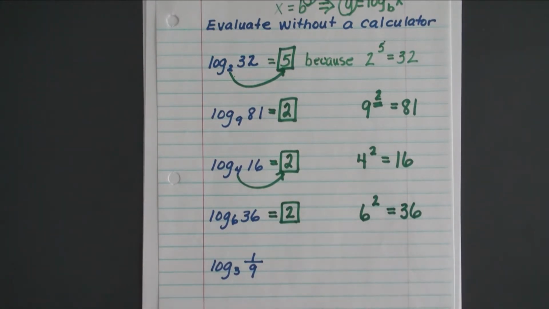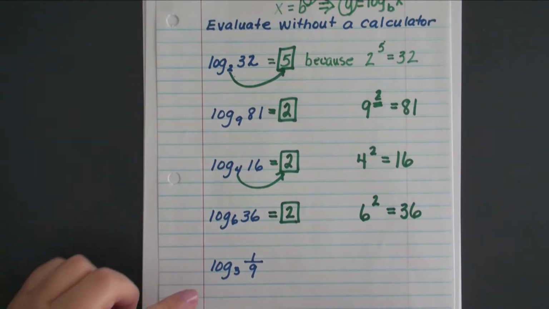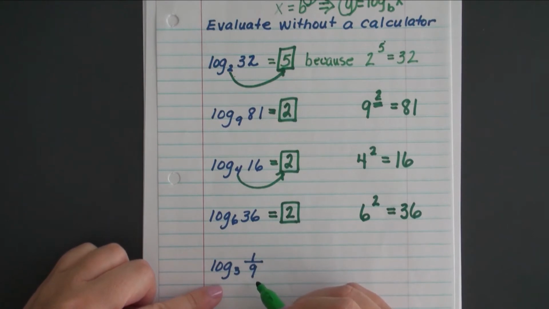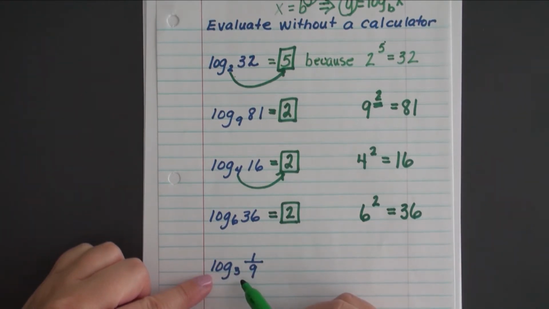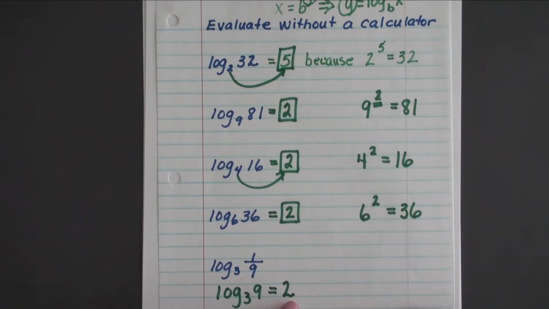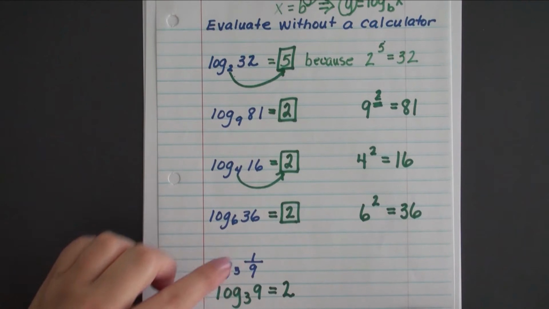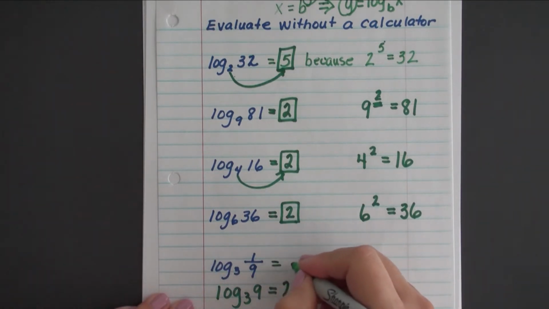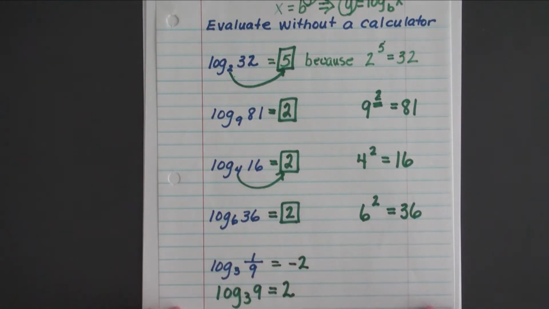Now our last example is a little bit different because we're taking the logarithm of a fraction. So this says log base 3 of 1/9. Well, I know that log base 3 of 9 is equal to 2 because 3 to the 2nd power equals 9. This is a fraction, so my answer is going to be -2.